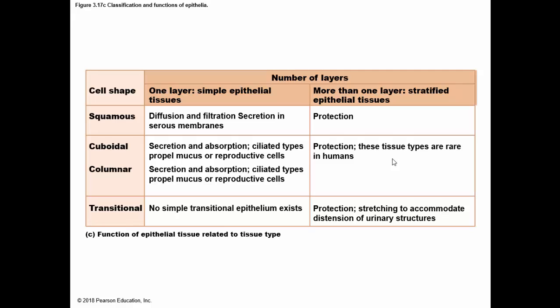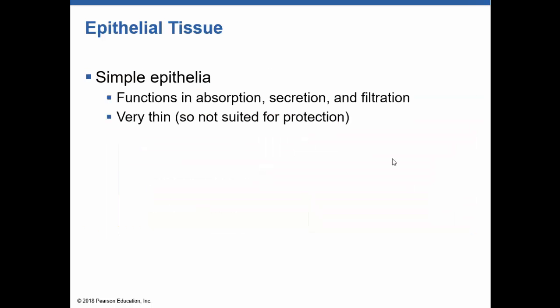This is what gives your bladder the ability to stretch and contract. So I'm not going to go into details on the test of this, but I thought it would be interesting to mention. So let's look at these in a little more detail, not for greater depth of knowledge in terms of your test, just greater depth of knowledge for your own sake.